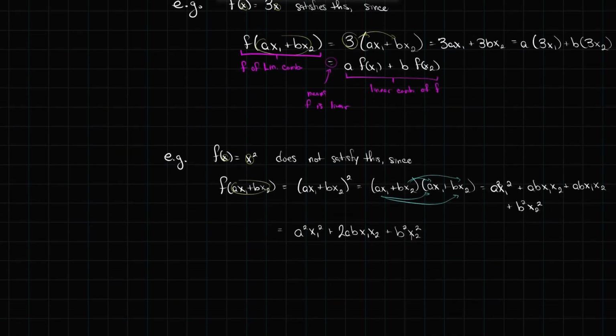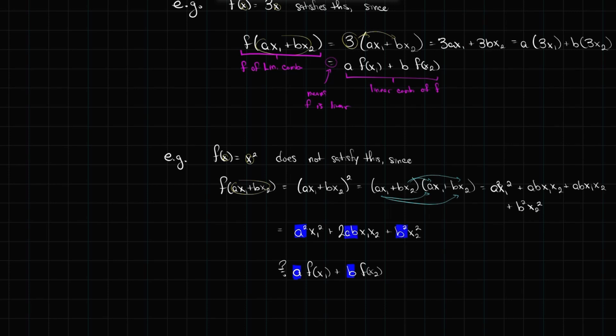Now the question is: is this equal to a times f of x1 plus b times f of x2? You should stare at this for a moment and try to determine if you think these are equal. It's pretty easy to tell they shouldn't be, because that's a to the first power, that's a to the second power, that's b to the first power, that's b to the second power.